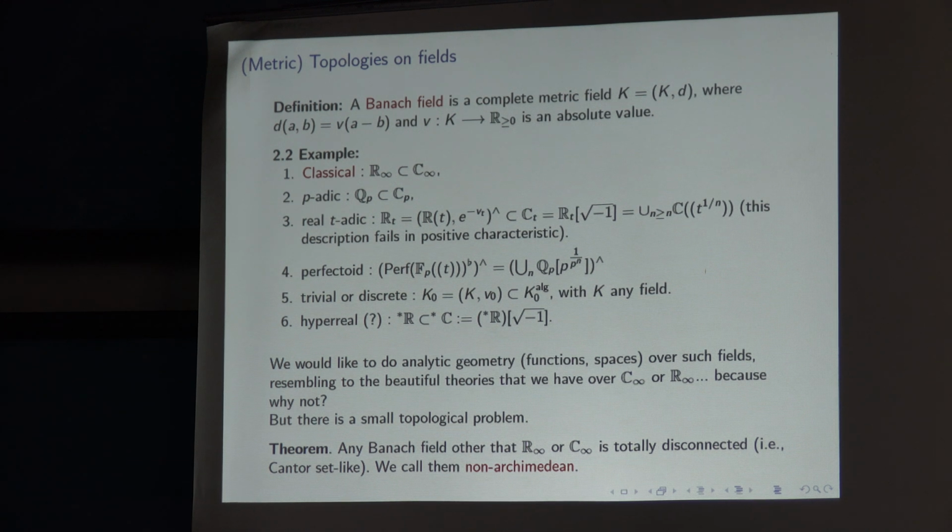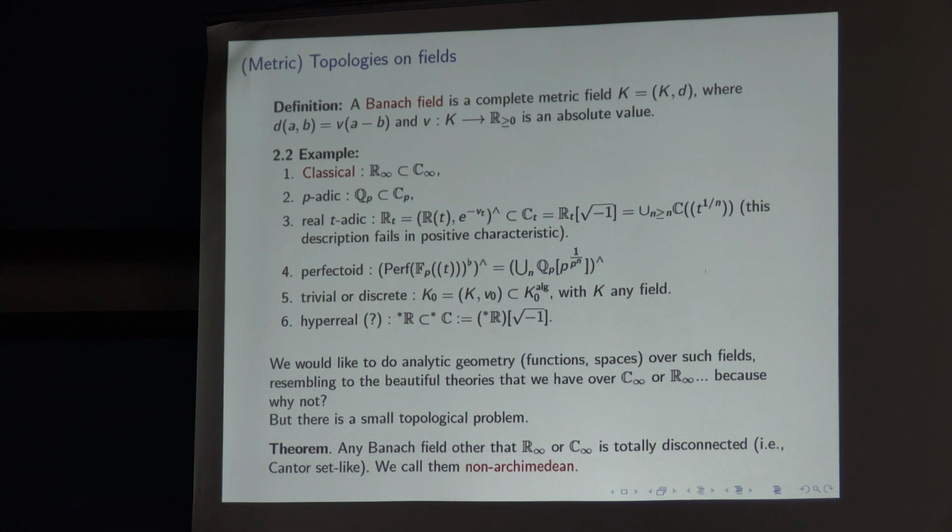And let me describe what are going to be my fields of interest. I will call a Banach field a complete metric field, but the metric has to be induced by an absolute value. An absolute value is an object that is very near to us. It is not an exotic definition.